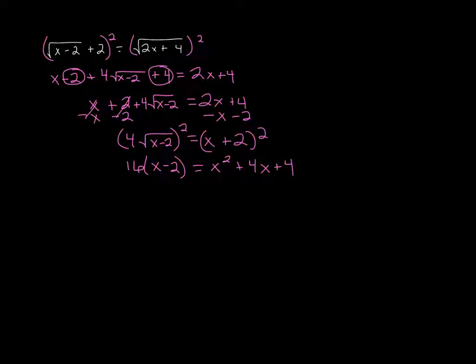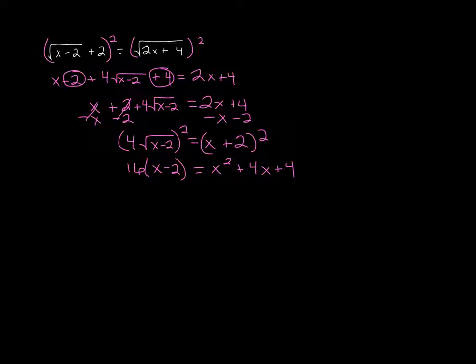Okay, now let's simplify and get everything on the same side. This would be 16x minus 32 equals x squared plus 4x plus 4.